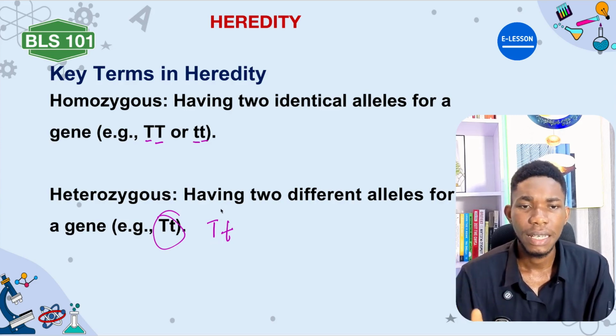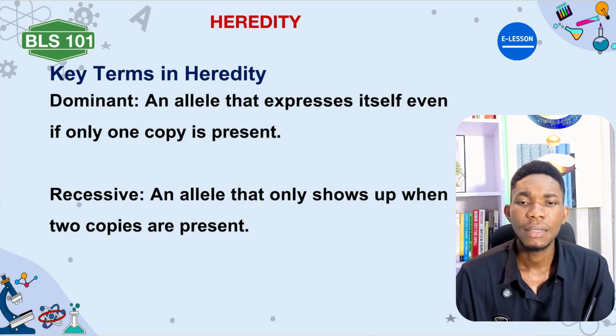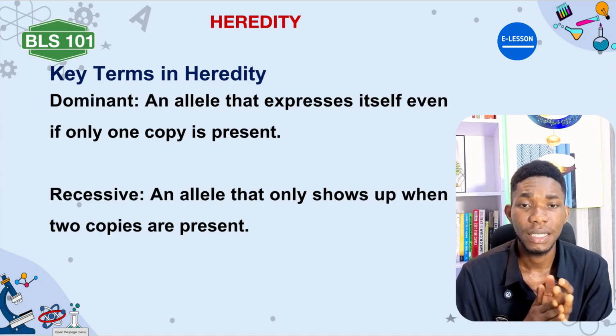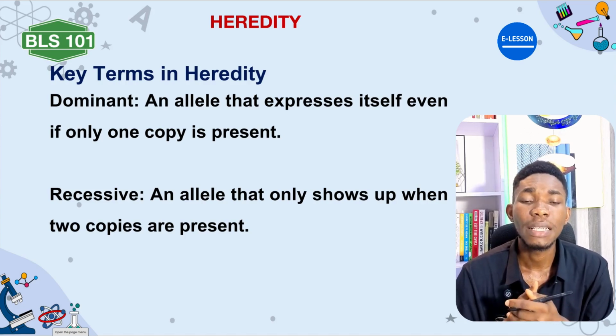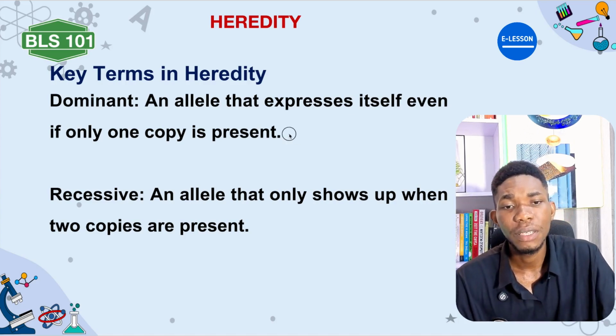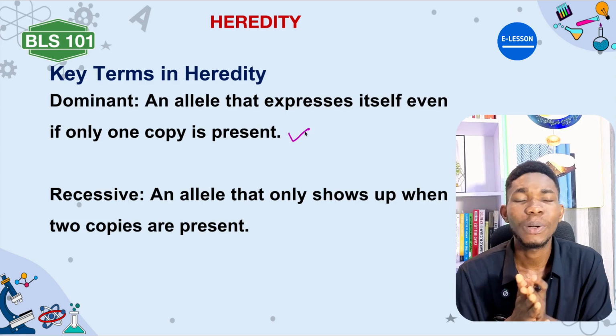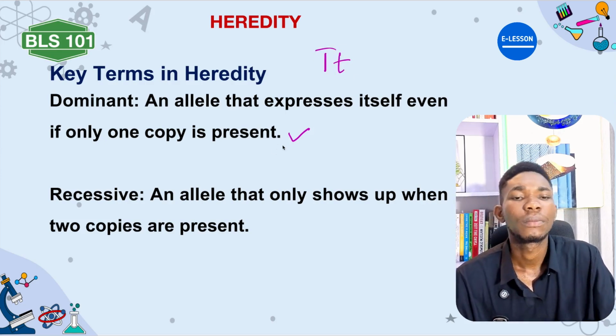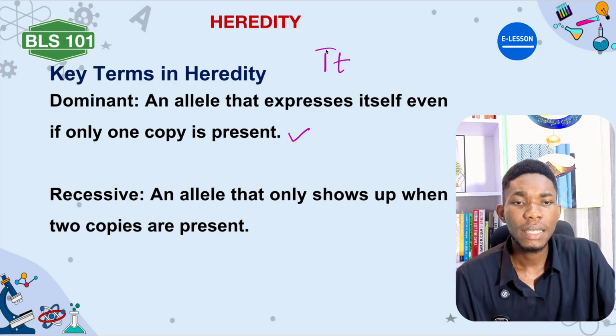So that is that. Now, the dominance. There are some genes that express themselves even if only one copy is present. That one is called a dominant gene. Any gene that expresses itself if only one is present is called a dominant gene. For instance, if you have tall, you can see this big T here.